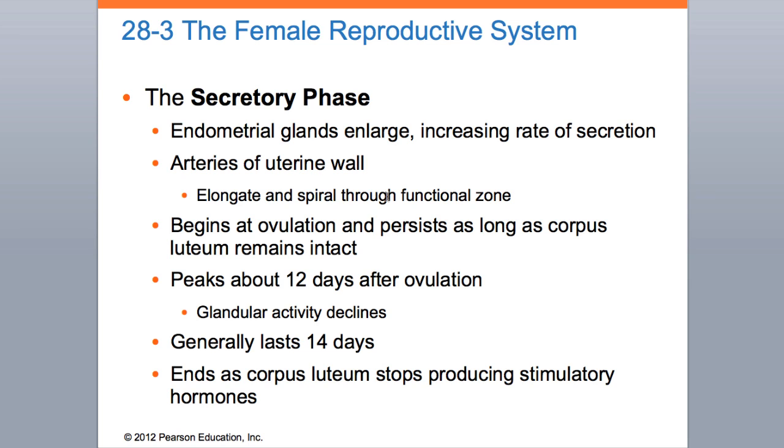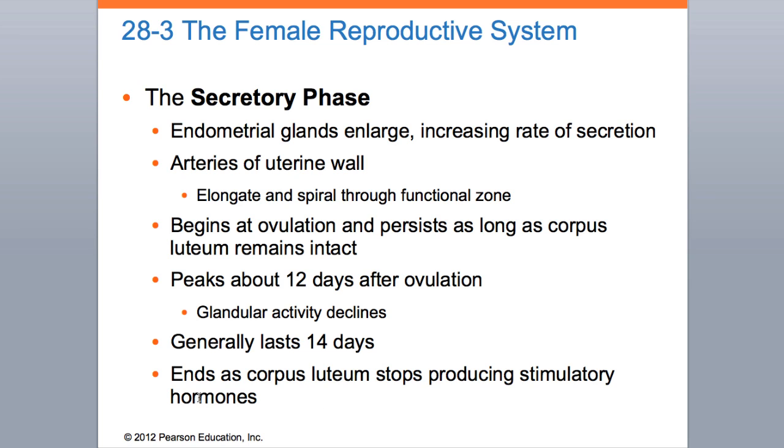Good example. It begins at ovulation and lasts as long as the corpus luteum stays intact, which is how many days from ovulation to corpus luteum? 2 weeks. Now, to prove it, what does it say down here? Generally lasts 14 days. 2 weeks.